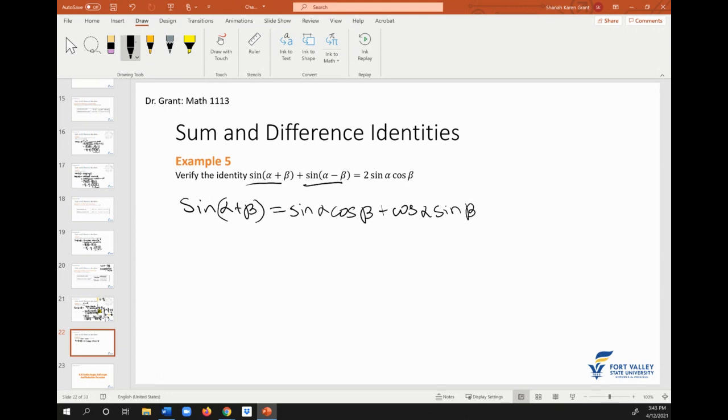Okay, now sine alpha minus beta, well, that's going to be sine alpha cosine beta minus cosine alpha sine beta. Okay, so I'm going to plug these in and simplify.